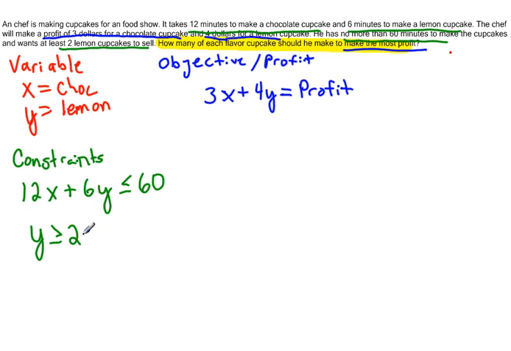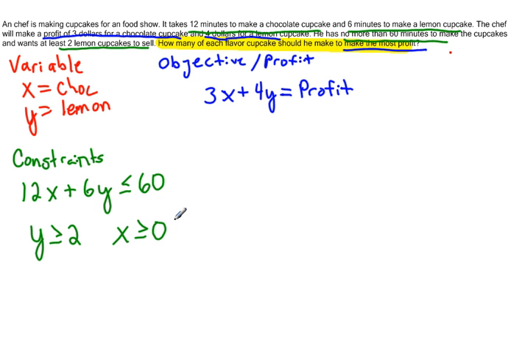That takes care of the lemon cupcake. What about chocolate? The problem doesn't say anything about how many chocolate cupcakes, so that's easy enough. That means x has to be greater than or equal to 0.